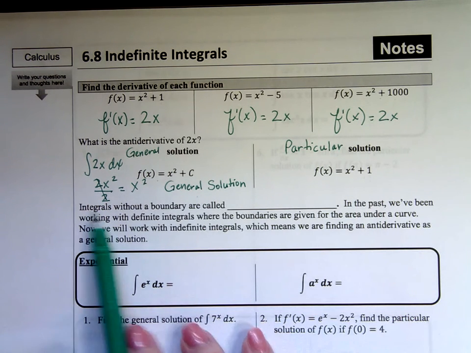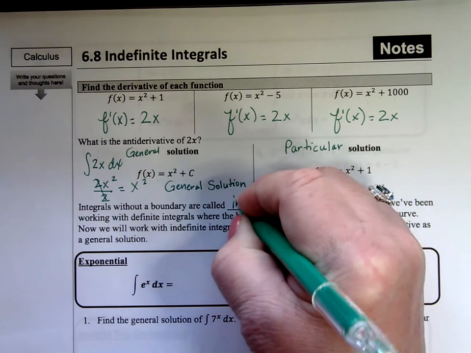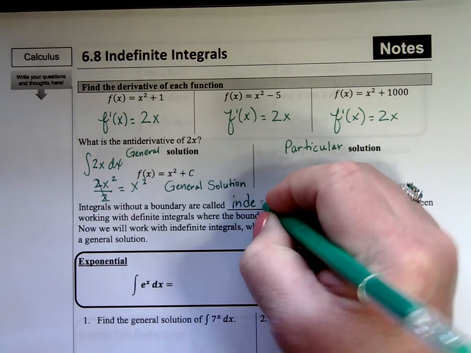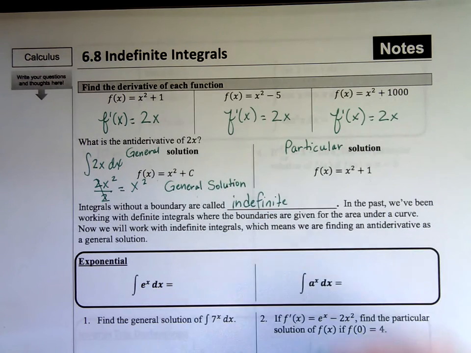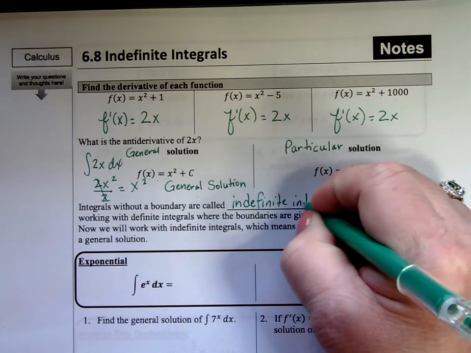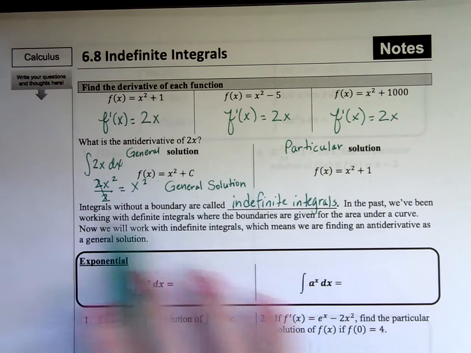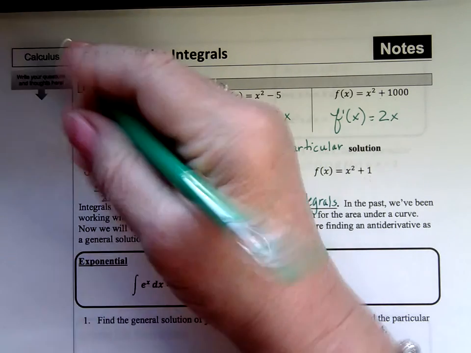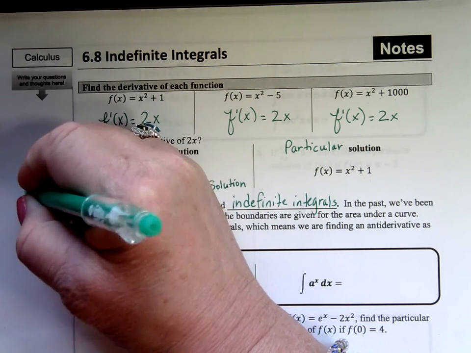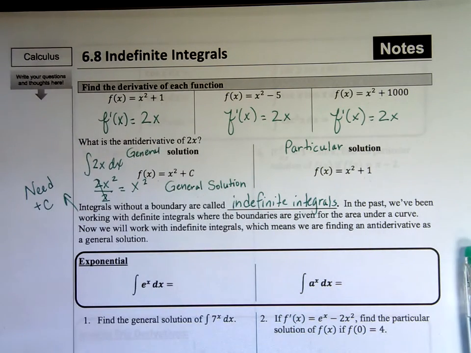And so integrals without a boundary are called indefinite integrals. Integrals without boundaries. These are the guys that need the plus c because there's no boundaries on it.